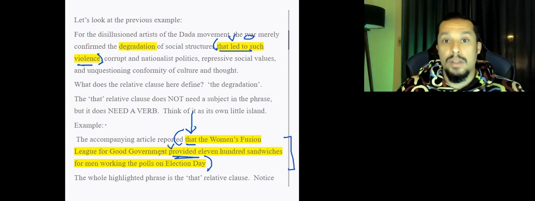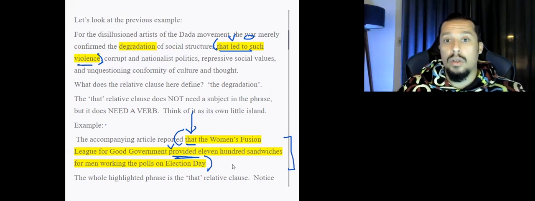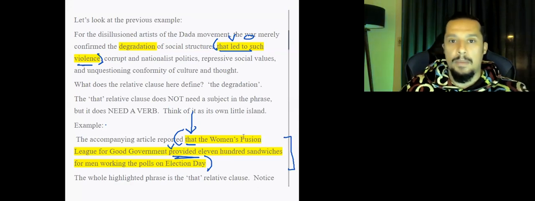You have to keep these rules in mind, because if you do that you create fragments. And you see how long the relative clause is. It's not a word or two. It's a full phrase, longer than the sentence itself.